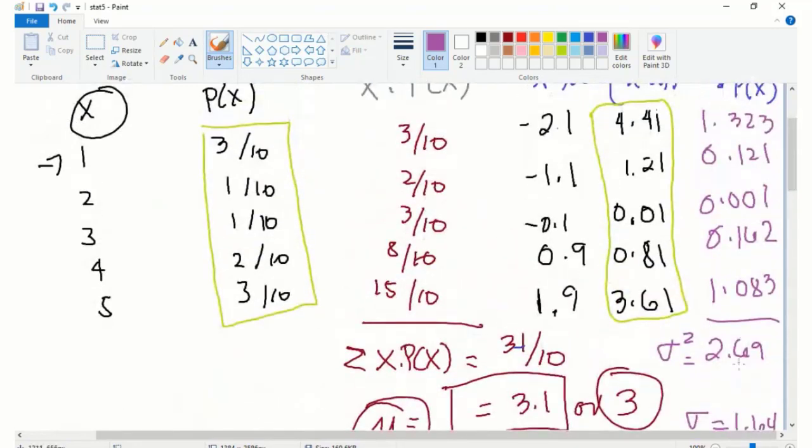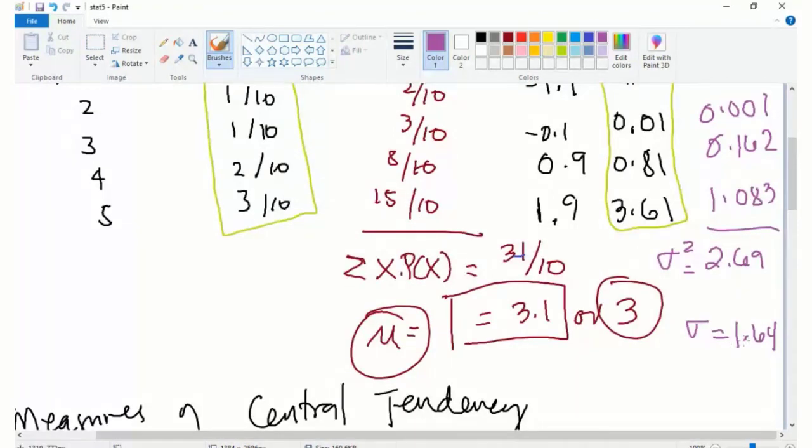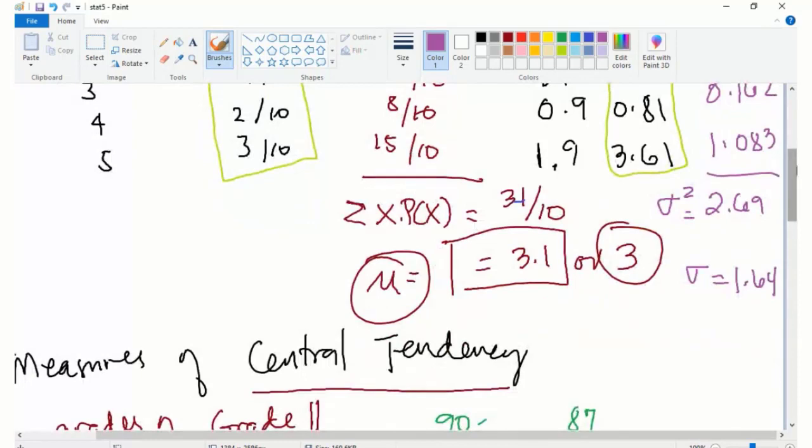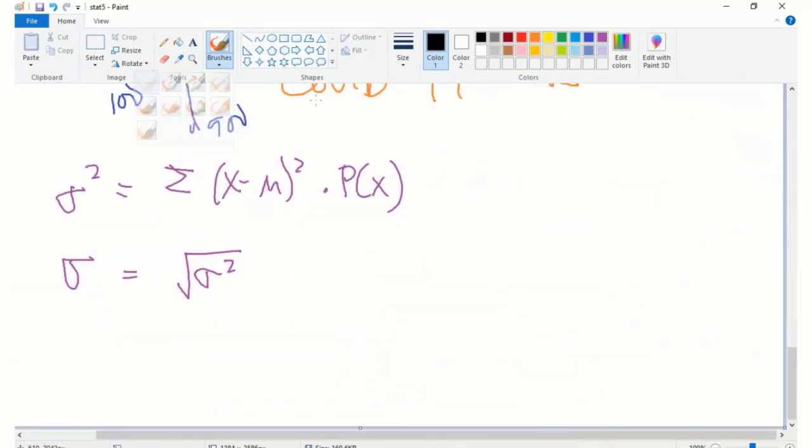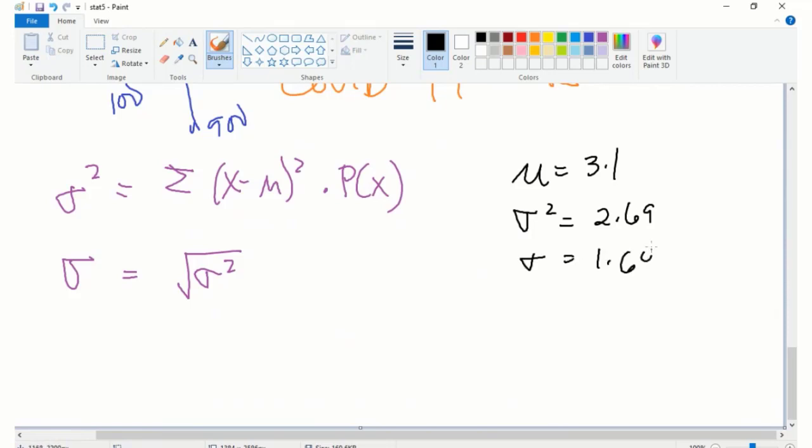Pero merong dispersion na 2.69 from the average, or para mas madali nating maintindihan sa graph, 1.64 na dispersion from 3.1. So, ibig sabihin nun, guys, going to the grocery items na example, ang mu natin doon is 3.1, ang ating variance is 2.69, ang ating standard deviation is 1.64. Okay, so if this is your line for the average na grocery items na binibili ng mga tao is 3.1, 3.1 ang ating average.